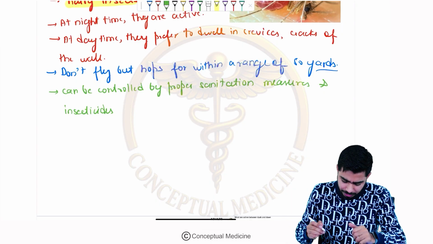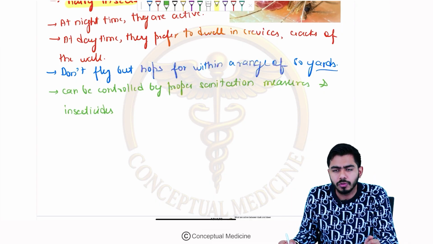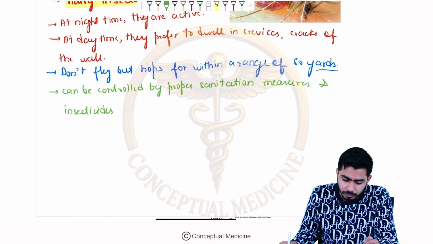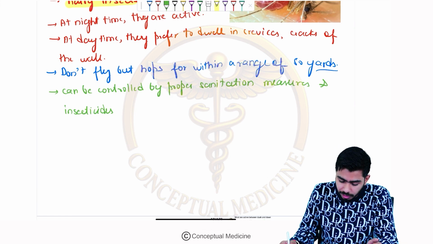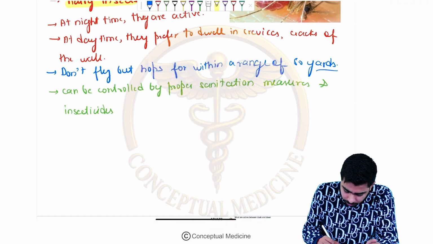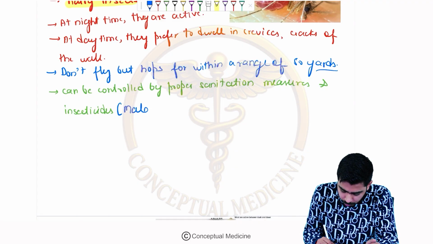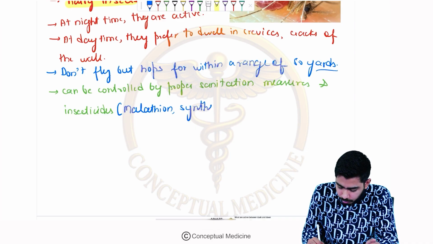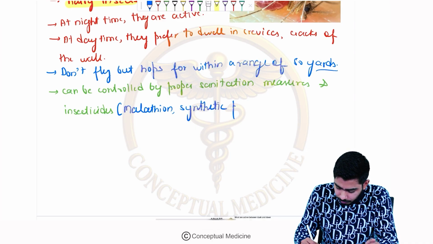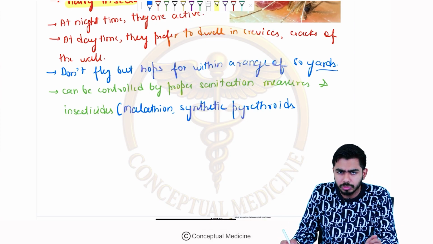If we are talking about insecticides, we shall go for the synthetic pyrethroids. They are very helpful, and malathion is also very helpful. So I'm writing insecticides: you can use malathion, or synthetic pyrethroids can also be used. You just need to remember the names.